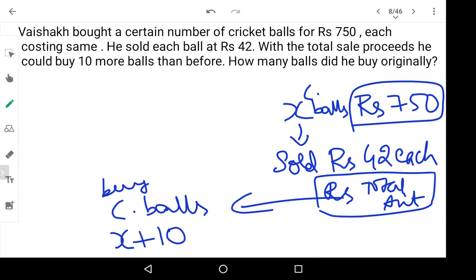Last time the number of cricket balls was X, but this time he is able to get 10 balls extra. So last time balls were X and extra 10 balls he is able to get. This is what is given in the question. What they are asking us to find is the value of x.